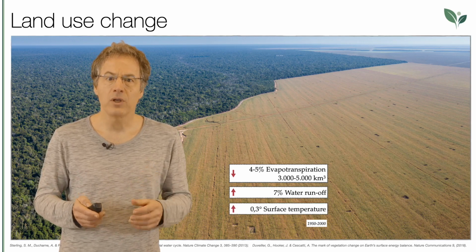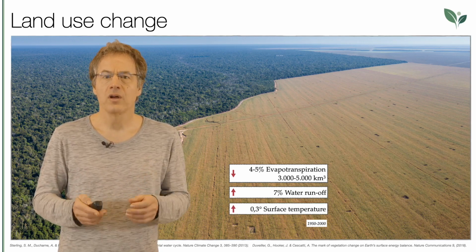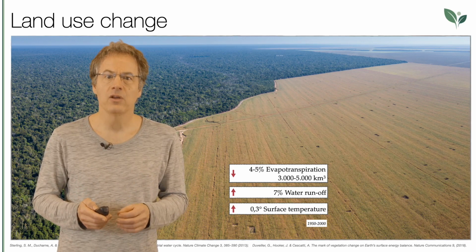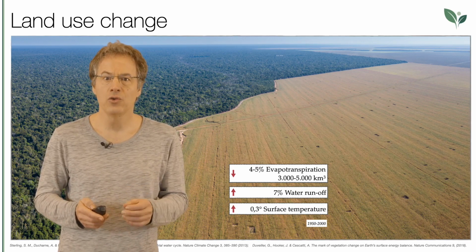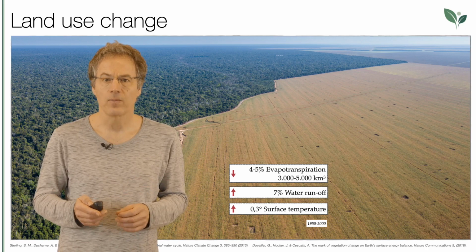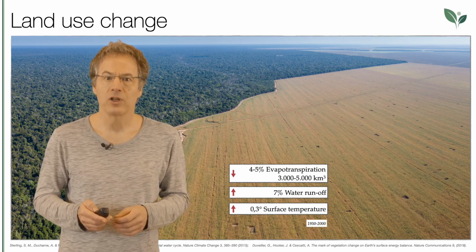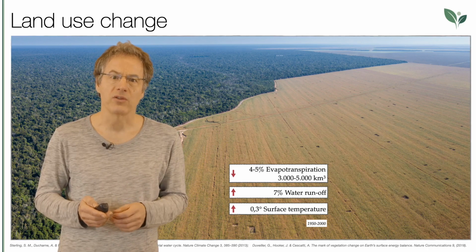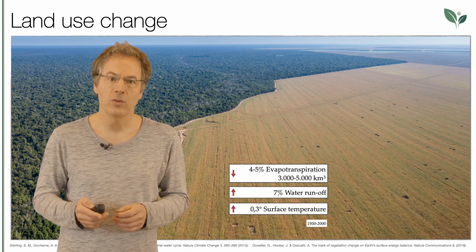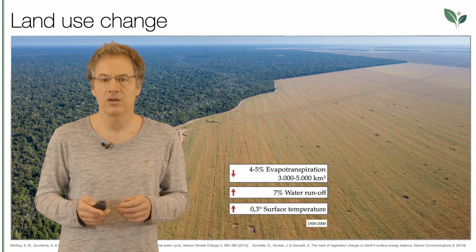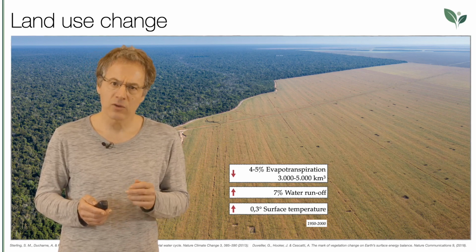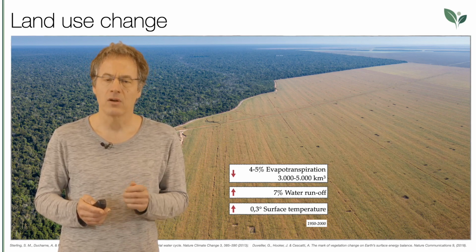Over this same period, we also observe a 0.3 degrees Celsius increase in surface temperature due to these land use changes. Before, we were talking about a global temperature increase of 1.2 degrees. 0.3 degrees over the period of 1950 to 2000 looks like an important component of that increase.